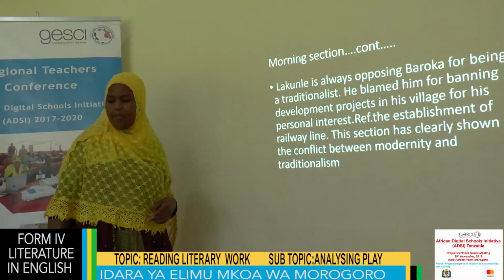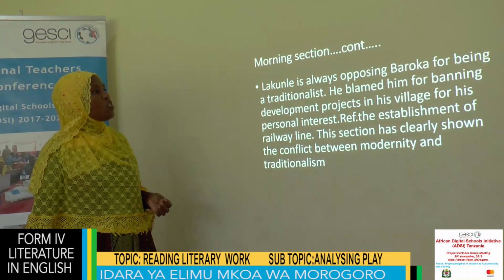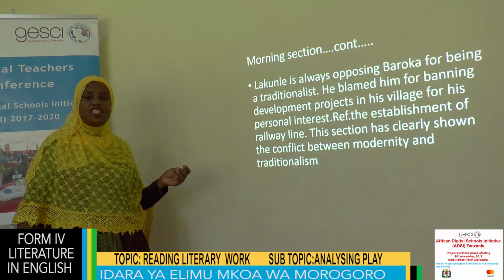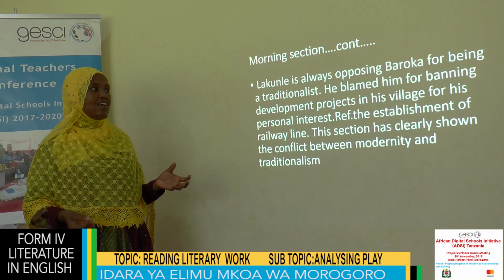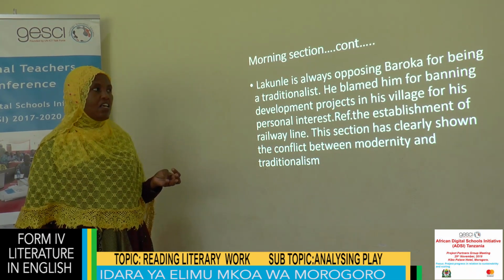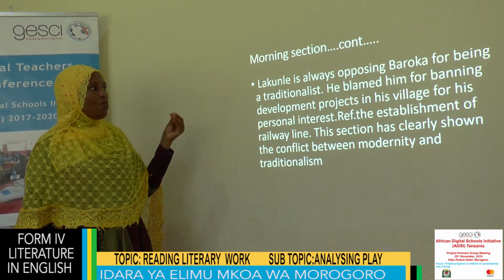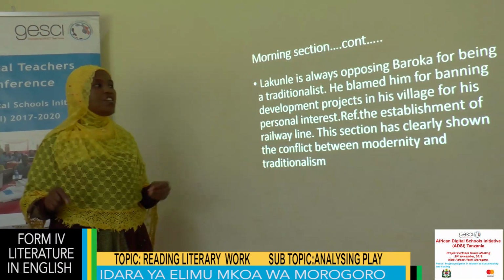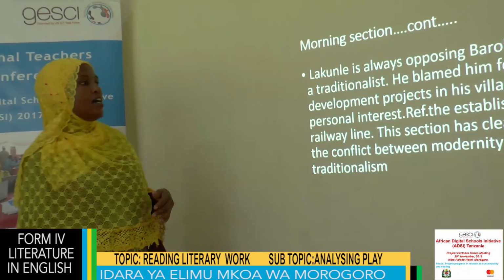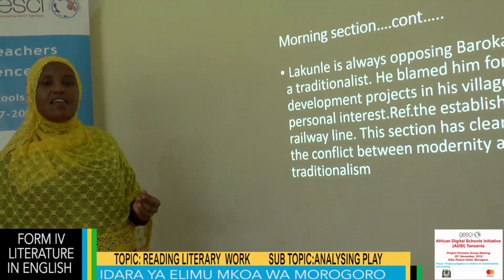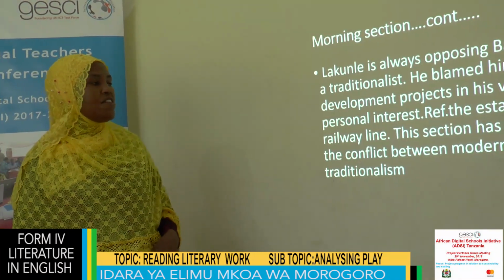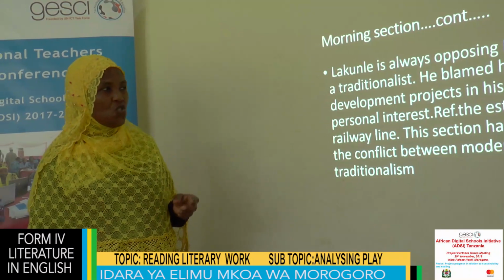What happened? Mr. Lakunle is always opposing Baroka for being a traditionalist. Some people have undergone Western changes, and they think that they know each and everything. When Mr. Lakunle comes back, he keeps on opposing Mr. Baroka, blaming him that he has banned some of the development projects, and that is true.